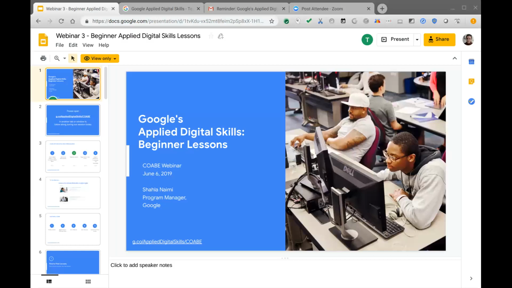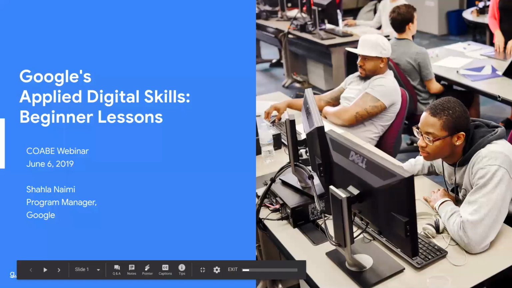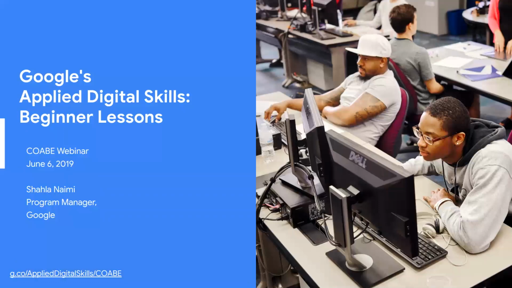So I'm just going to go ahead and share my screen as a starting point. Great. And hopefully everybody can now see my screen. As we've done in past webinars, we're going to be presenting a Google slide show going through a lot of different items.